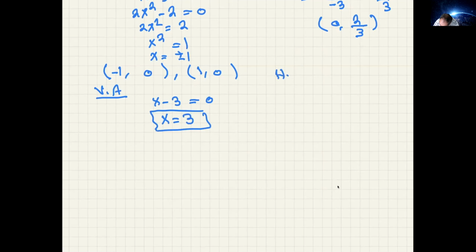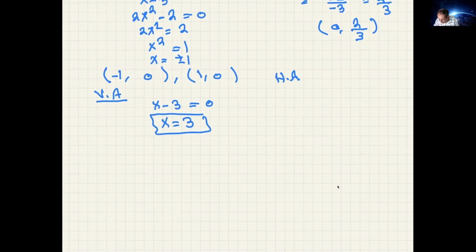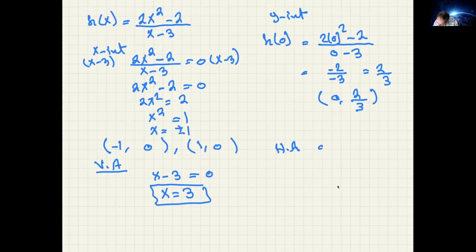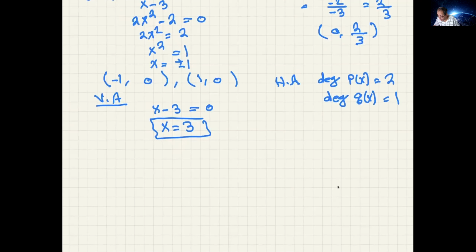Horizontal asymptotes. I have the degree of p of x equals 2, and the degree of q of x is 1. Therefore, there is no horizontal asymptote but a slant asymptote.